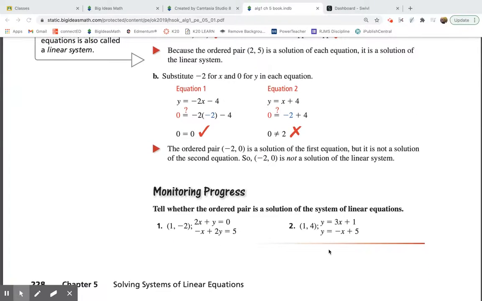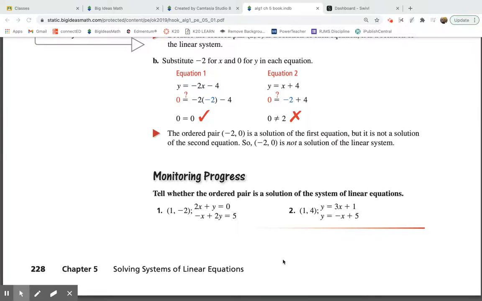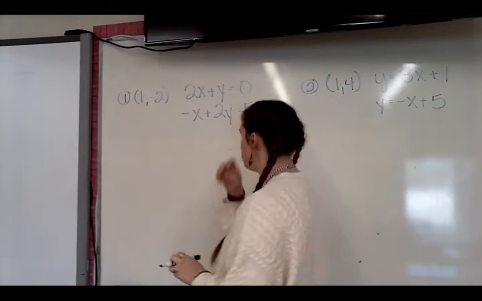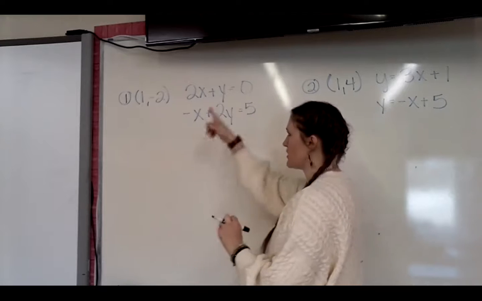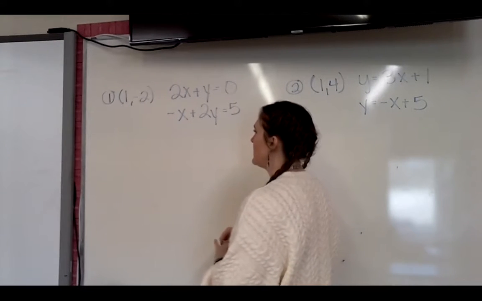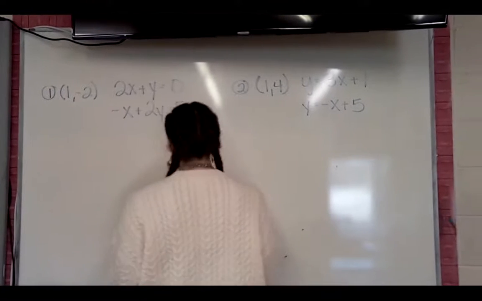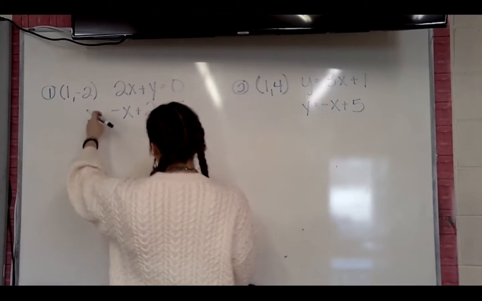Okay, so let's go ahead and try a couple of these. Try 1 and 2. Tell whether it's a solution of the system of linear equations, or tell me if it's a solution to each individual equation. On number 1, we have the point (1, -2). So we are just plugging it into these to see if it works.